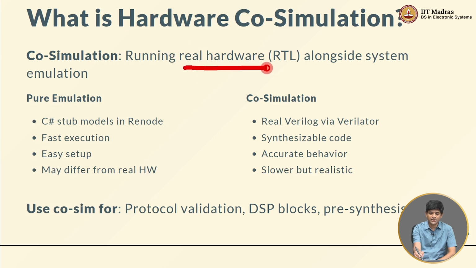It's a simulation of the hardware, a Verilog simulation. Now in pure emulation, let's say I wanted to add a new kind of peripheral into Renode, I would need to create some function that behaves similar to what that particular peripheral is going to be.